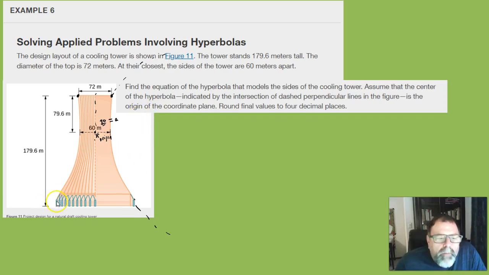We have a little problem here too. See how this is vertical? So technically our equation is going to be off a little bit because we need to know what that distance is there. Oh, maybe we don't. No, we're not going to use that. So never mind. So basically like this. So we know, let's see, it's opening side to side, so it's x squared minus y squared.